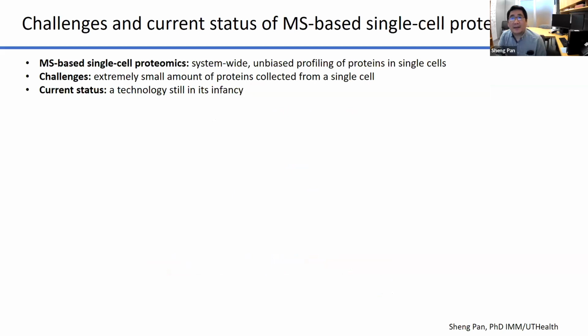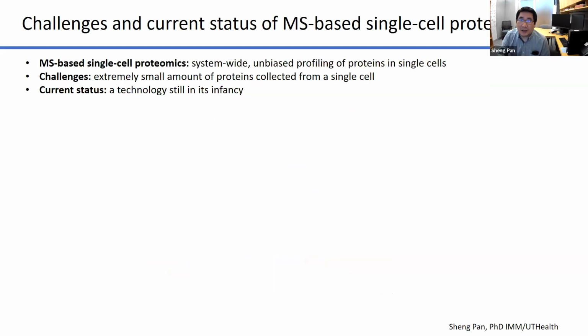Unlike the targeted approach, mass spectrometry-based single-cell proteomics provides a system-wide, unbiased profiling of proteins in a single cell. The major challenge is the extremely small amount of protein available for mass spec analysis.